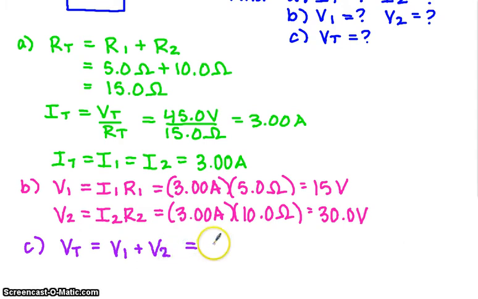So if we take a look at our answers from part B, we would expect that our voltage drop across resistor 1 plus our voltage drop across resistor 2 should total up to be the same as the voltage gain for the battery, and we find that it is.